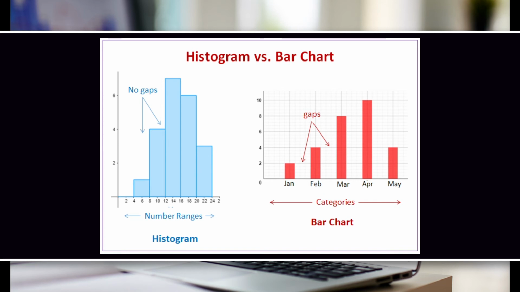The good part of the histogram is that all the bars are attached to one another. There is no gap between the two bars, whereas in a bar chart you will find a gap between them. So this is the difference between histograms and bar charts.